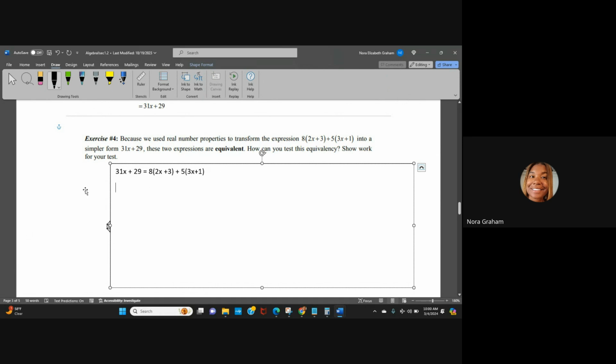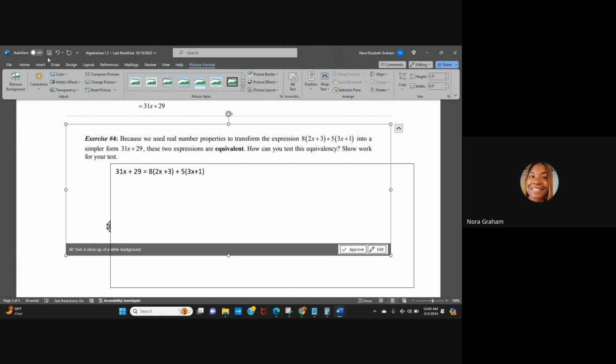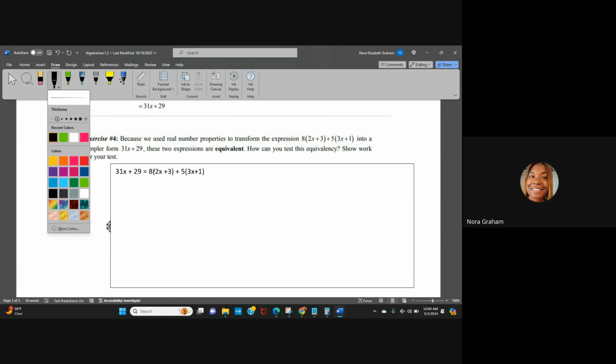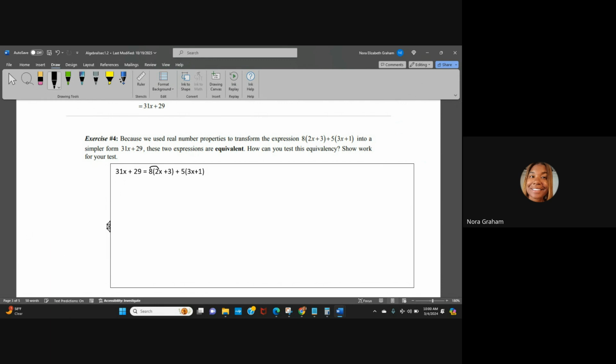First thing I'm going to do is distribute. Let's see if it will let me draw on here. I always like to annotate my work as usual. So I want to make sure that 8 hits every term in those parentheses, and I want to make sure the 5 hits every term within those parentheses. Okay, so then I'm going to get 31x plus 29. That just comes along for the ride right now while I distribute.